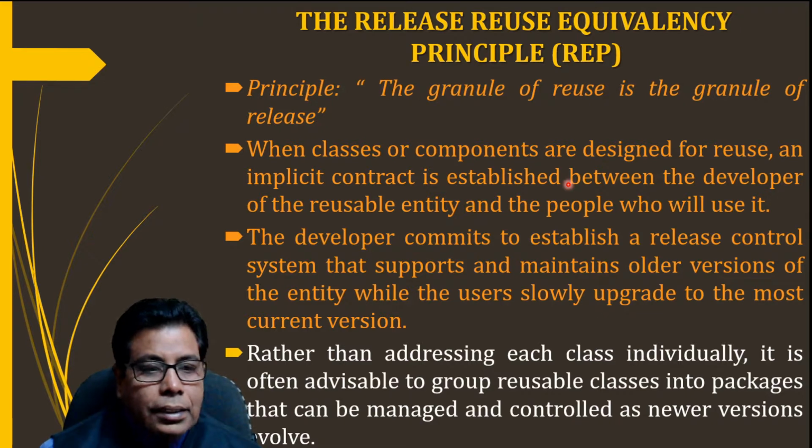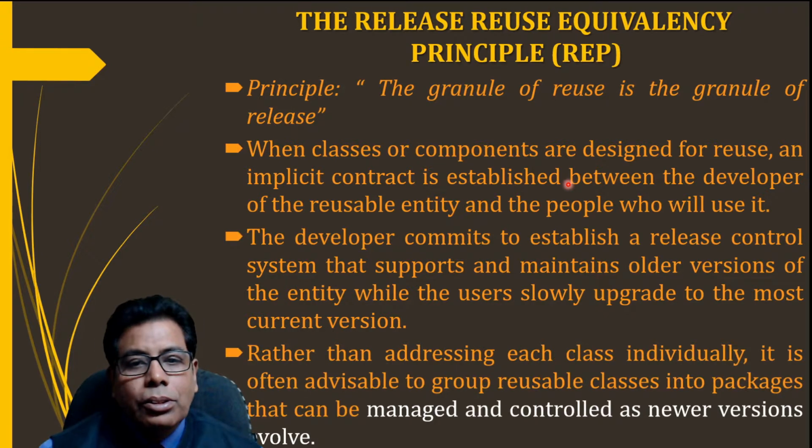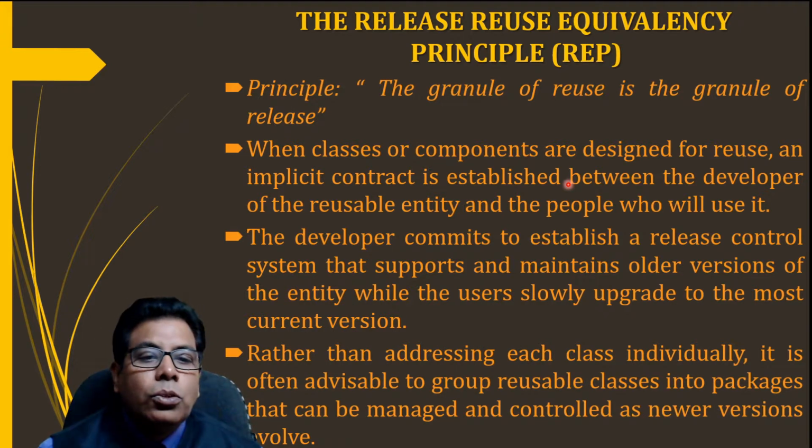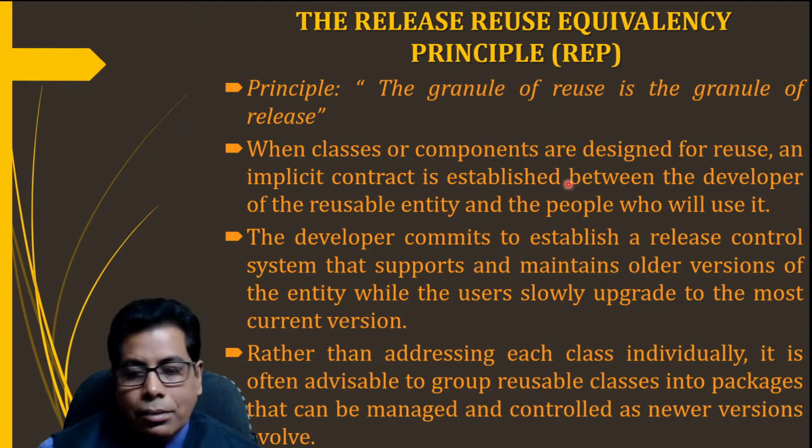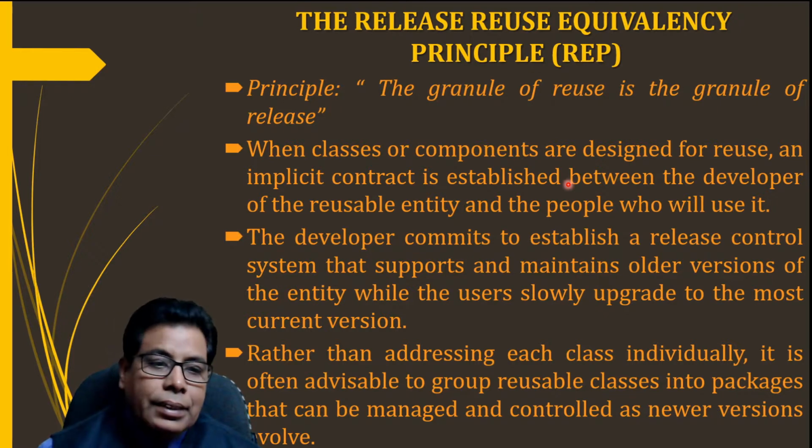So rather than addressing each class individually, it is often advisable to group reusable classes into packages. When we make a group of reusable classes, we make them a package, and we can manage them, and newer versions can be controlled with the help of packages.